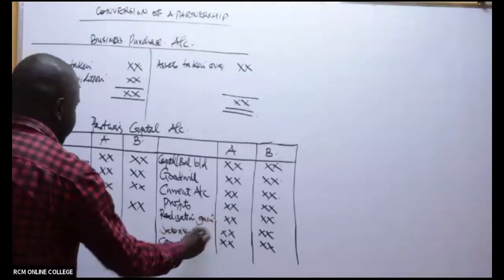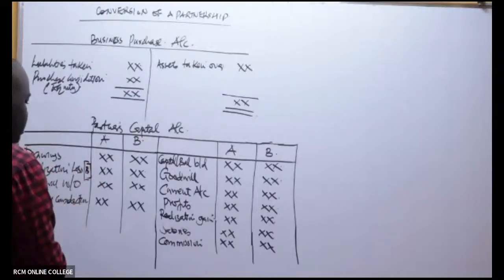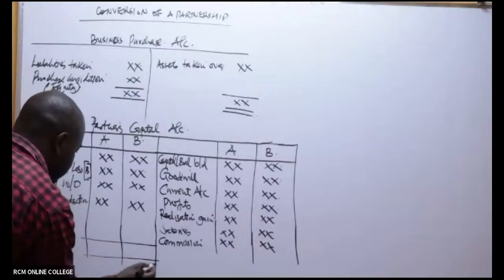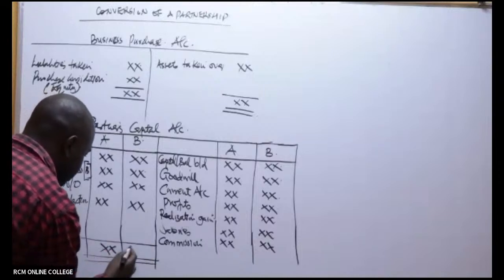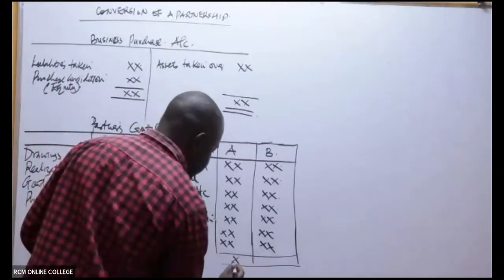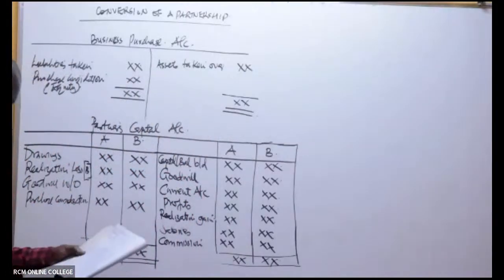If it's a loss, this will likely be the balancing figure here. So that is what you'll end up getting there. Then you'll have the totals, and you can total the partners' capital account.